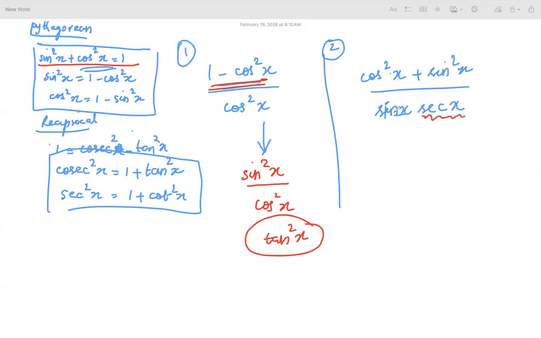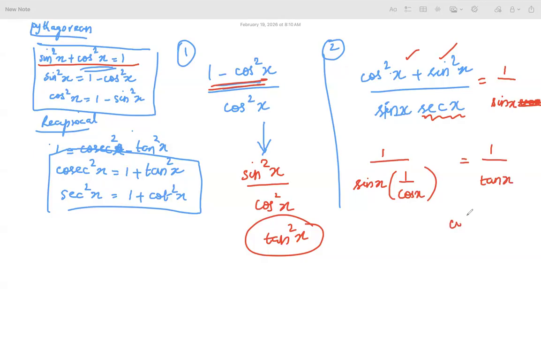First of all, cos square x plus sine square x is a direct identity, right? So 1 by sine x secant x. But secant x can be written as what? 1 by sine x times 1 by cos x, right? Now this becomes 1 by tan x, which can be written as cot x. Make sense? Yeah.